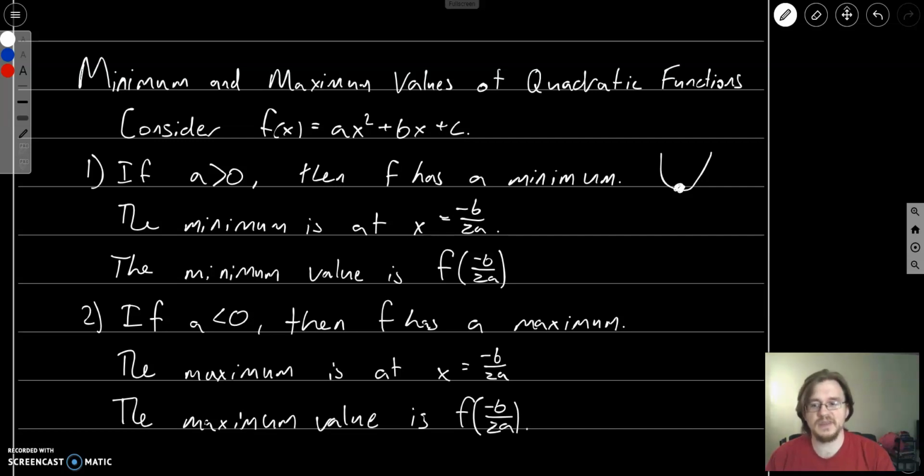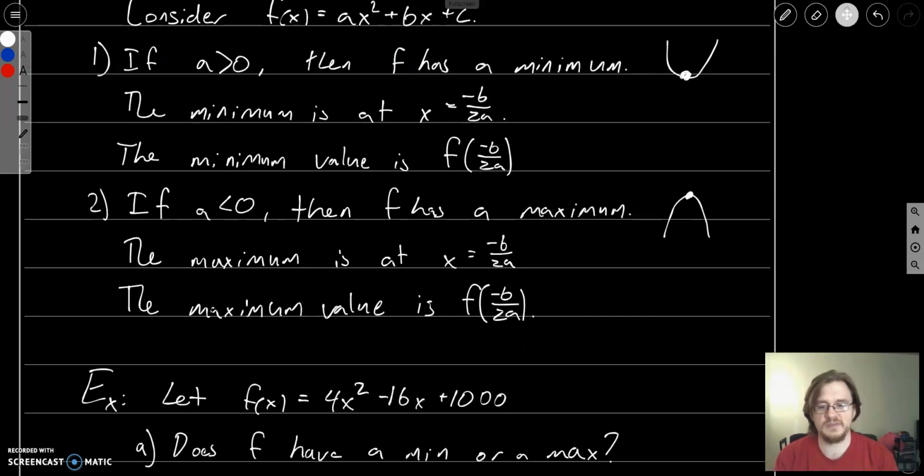So we plug it in. If a is less than 0, again, now our function opens downward. Our vertex is the maximum, and we know where that happens. The x value is at negative b over 2a, and the height of the function there, the maximum itself, is what we get when we plug in negative b over 2a.